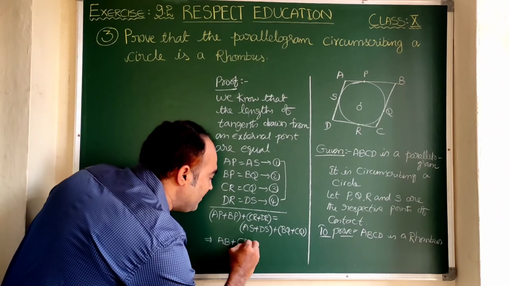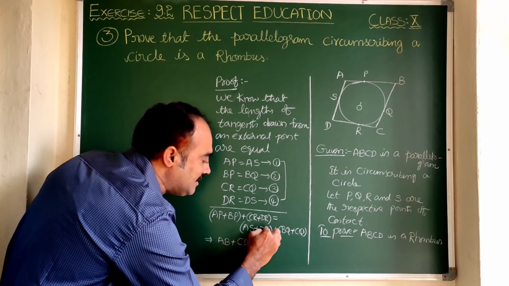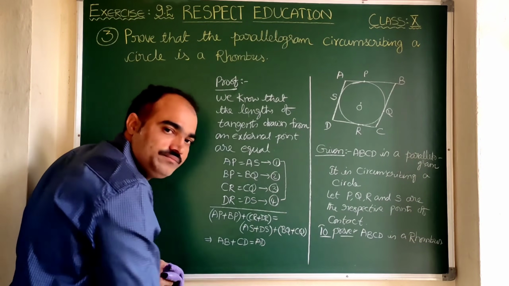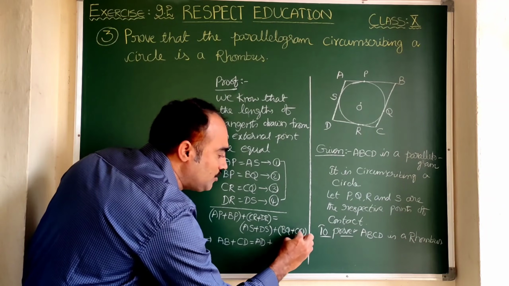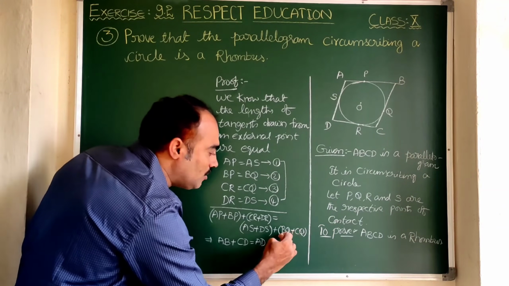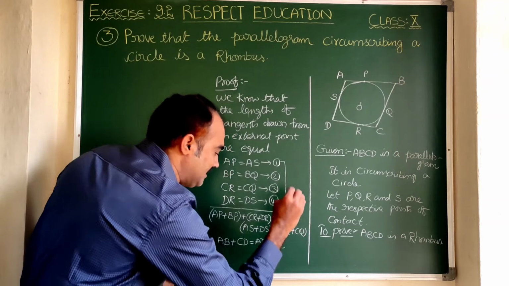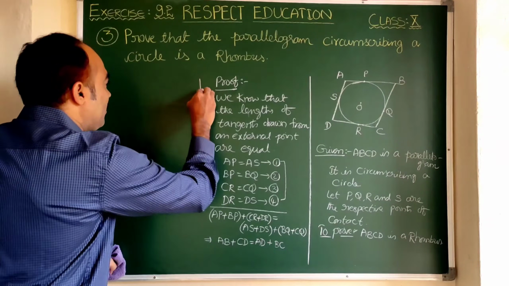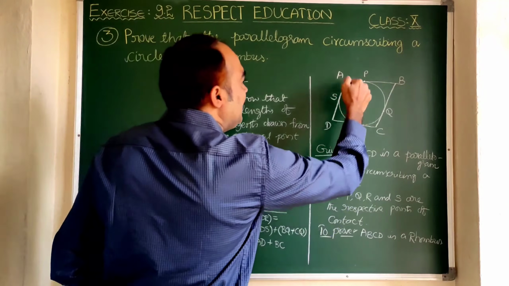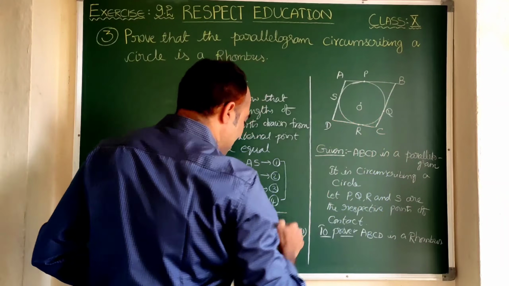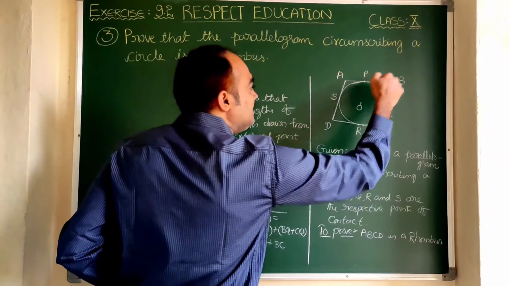It is CD is equal to AS plus DS, S is common, we can write only AD. Here A, here D. And in BQ plus CQ, CQ can be omitted, so BC is left. Now here one more thing is that AB plus CD is equal to, we got AD is equal to BC.